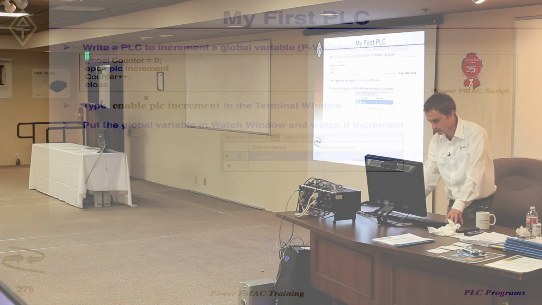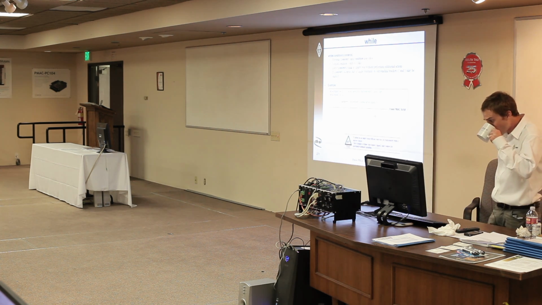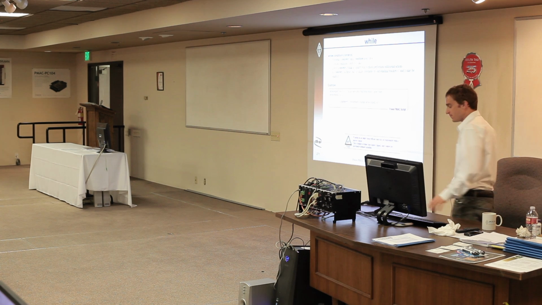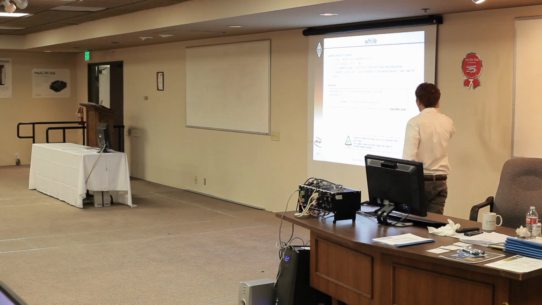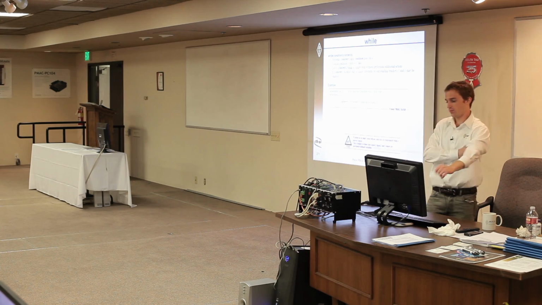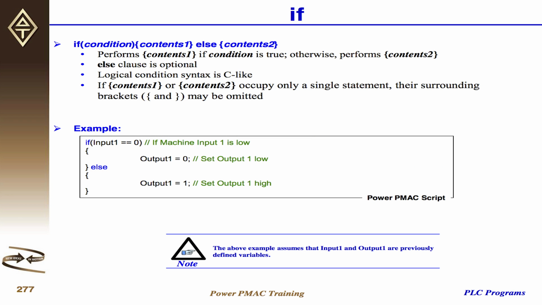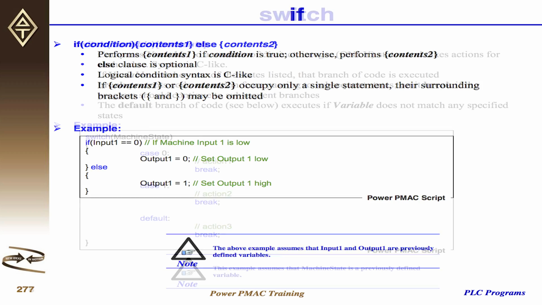So let's move on to some more advanced ideas. The flow control syntax is exactly the same for PLCs as it is in motion programs, so we won't rehash that. So you have while loops, if else, and switch. Literally the same syntax as motion programs.